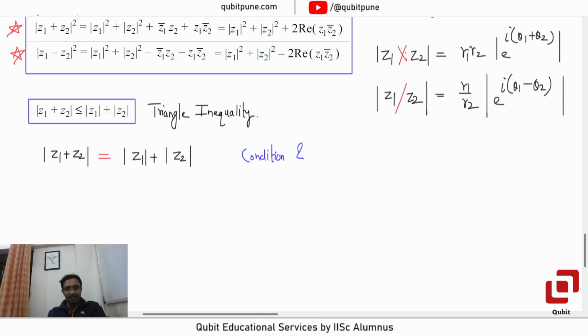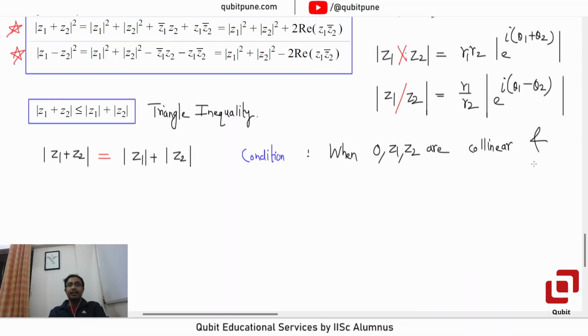The condition is when 0, Z1 and Z2 are collinear. Okay, when 0, Z1, Z2 are collinear.